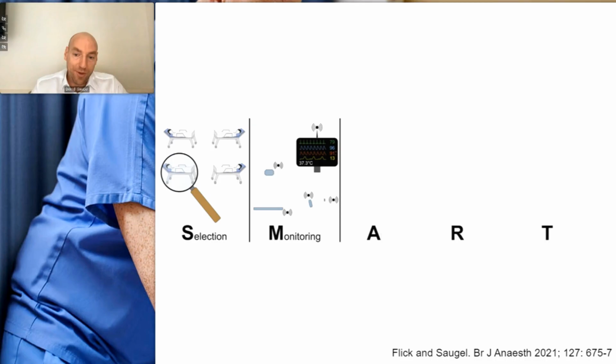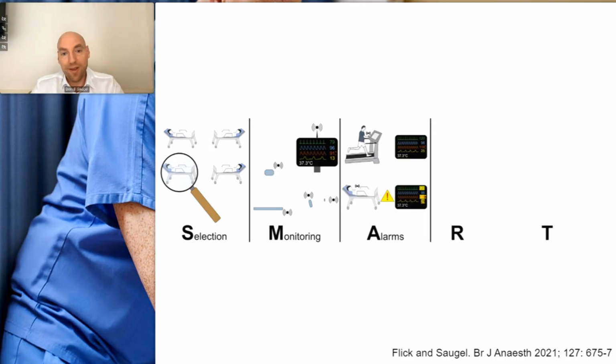We need to think about alarms. So we need to be very smart with the alarms. Of course, those alarms need to be contextualized and individualized. It's not, for example, that a heart rate of more than 100 always triggers an alarm.